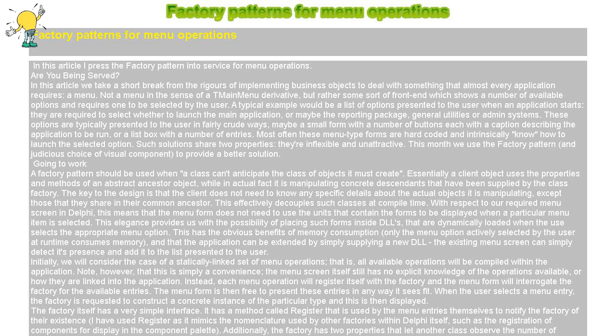Additionally, the factory has two properties that let another class observe the number of members within the factory, and provides access to each. Listing 1 shows a complete implementation for this factory.